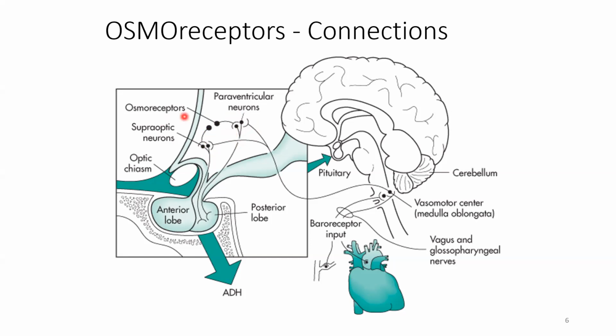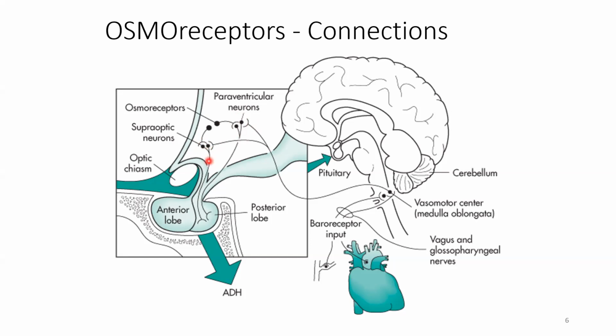When osmoreceptors get stimulated or destimulated, they affect the supraoptic and paraventricular nuclei, which share ADH secretion. Two-thirds of ADH secretion happens in supraoptic nuclear neurons, and the paraventricular nucleus is responsible for one-third of the secretion of ADH.